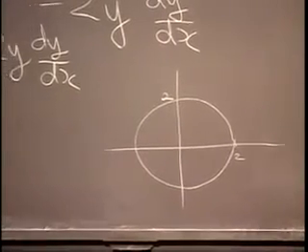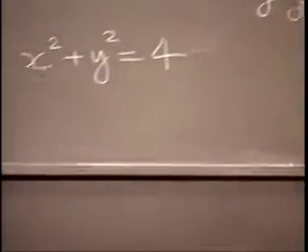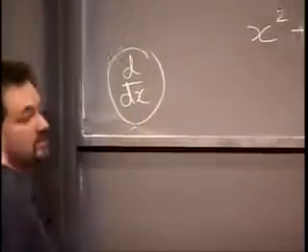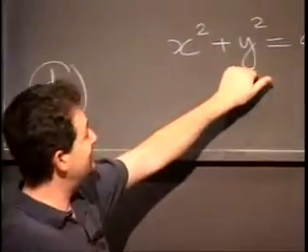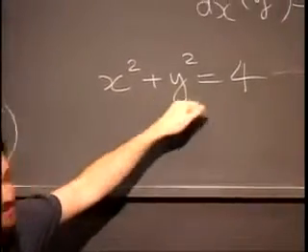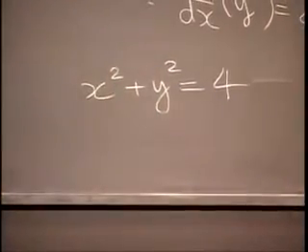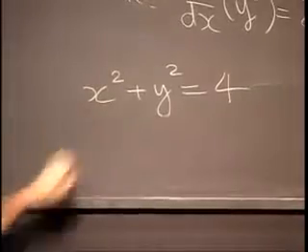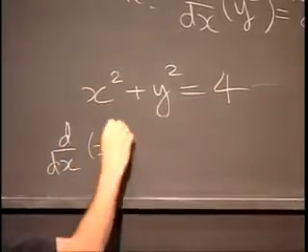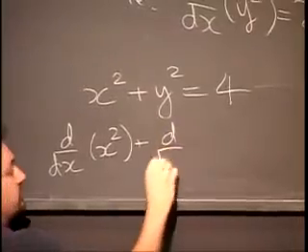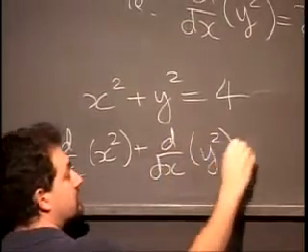But the other option, now that we know implicit differentiation, is we can whack a d dx onto both sides. And of course, really that means we can d dx each individual term in a sum, because derivatives are cool that way. So the question is, what do we do with the result?